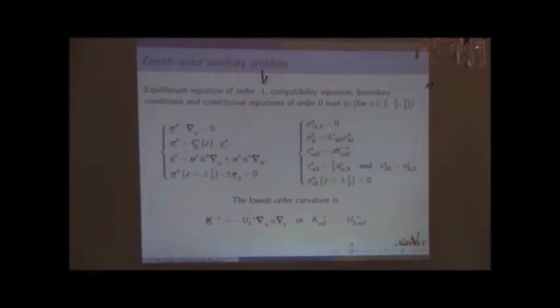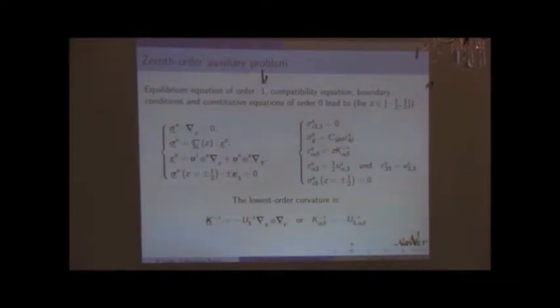You have an equilibrium equation where the derivative is only on z, and for the divergence and the strain, it's also only on the normal coordinate, and the boundary conditions are at the top and the lower face of the plate. Looking more closely, the equilibrium equation deals only with the transverse stress, transverse shear and normal stress. You have the classical 3D constitutive equation relating the stress to the strain of order 0.